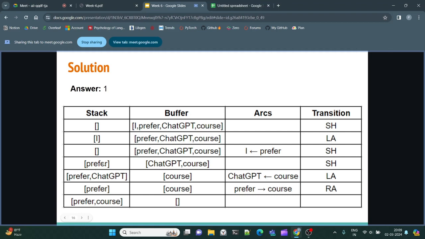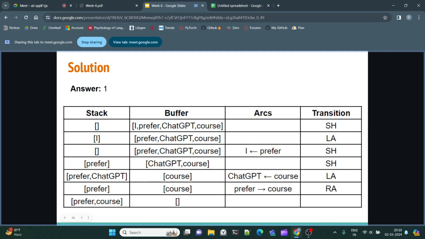If it was the case, then you do a reduce operation. Since it is not the case, here we again do a shift operation. So we shift ChatGPT to the stack, and this is my current configuration.